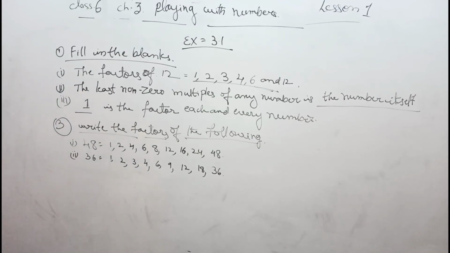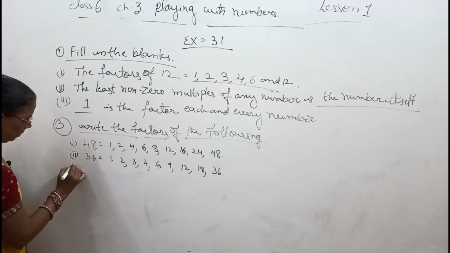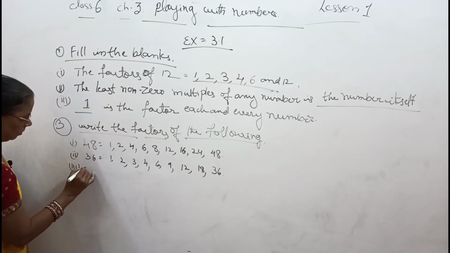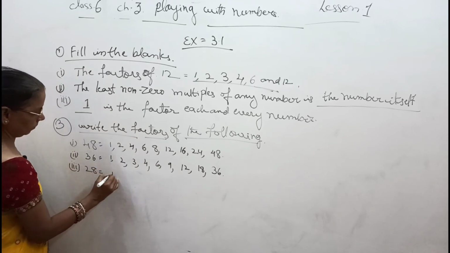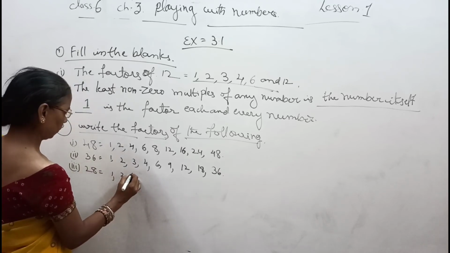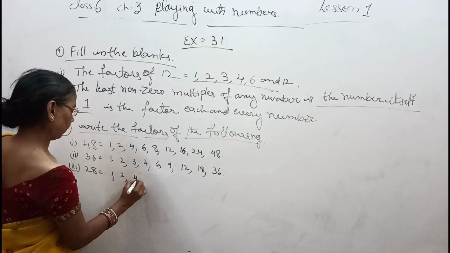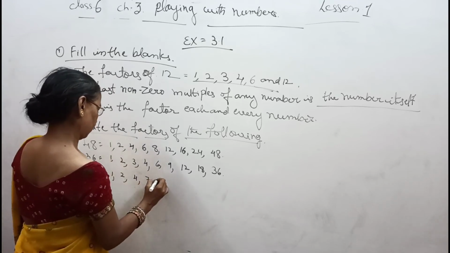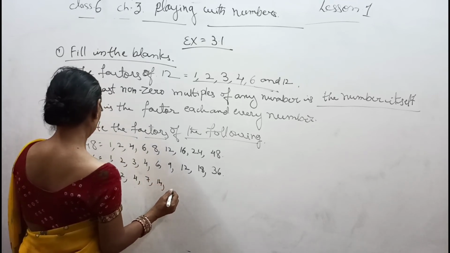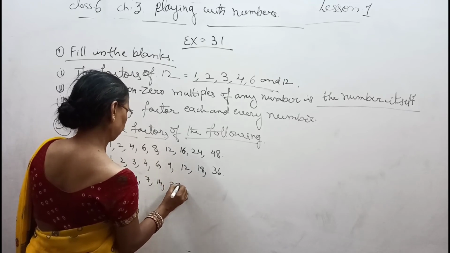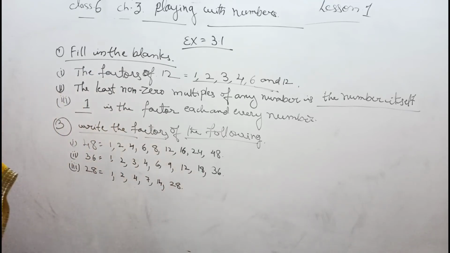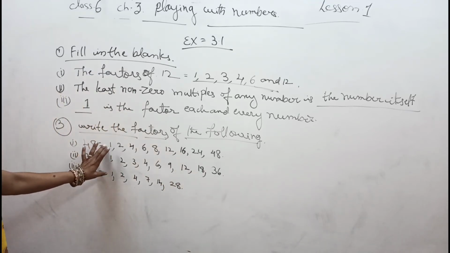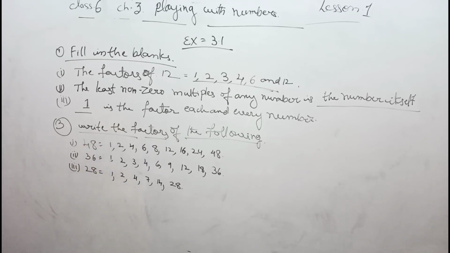Then third, 28: here 1, 2, 4, 7, 14, then 28. Like this we have to find out the factors of the given numbers.